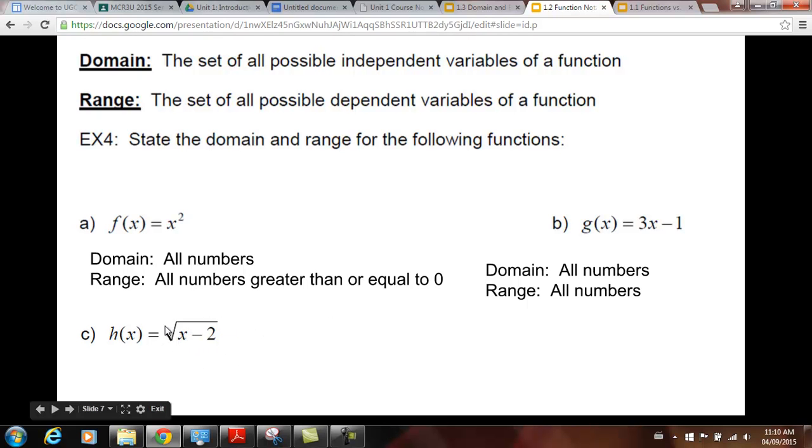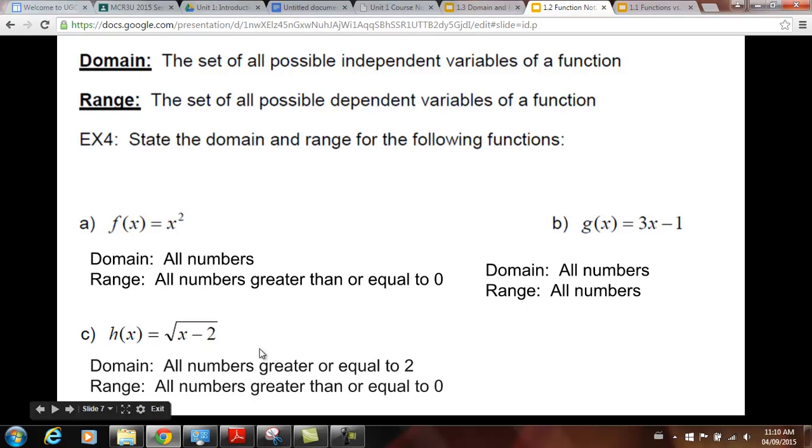This guy, we're not sure what it looks like yet. We will see that in this unit. But it's a square root. The problem with square rooting is you can't take the square root of a negative number. So the domain is all numbers greater than or equal to 2, and the range is all numbers greater than or equal to 0. Any number greater than 0 you can get as an output if you figure out what the decimal input is.